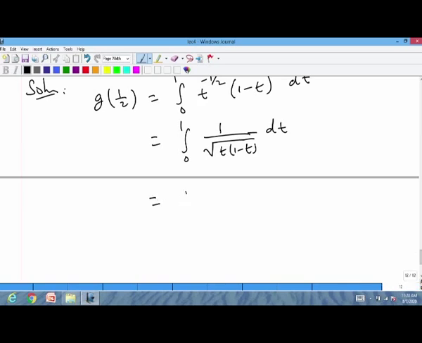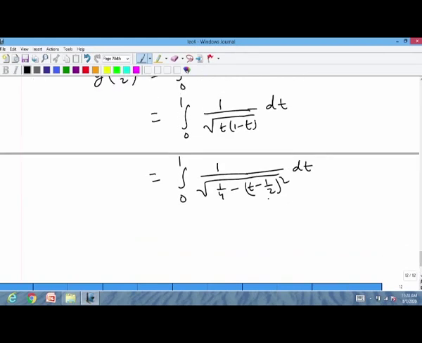Now, this can be written as the integral from 0 to 1 of 1 by square root of t minus t square inside the square root. So, this can be written as 1 by 4 minus (t minus half) square dt. 1 by 4 will cancel and we will get minus t square plus t.